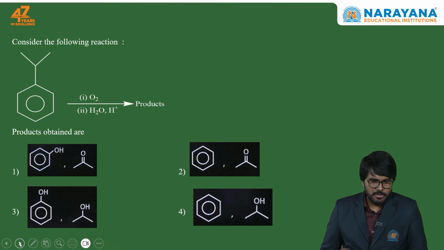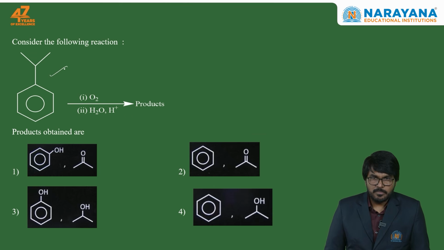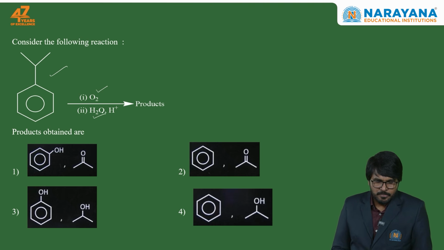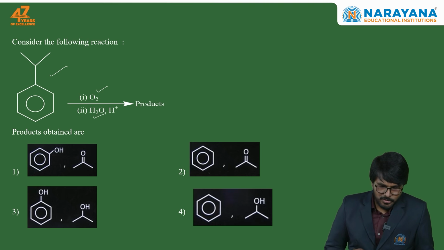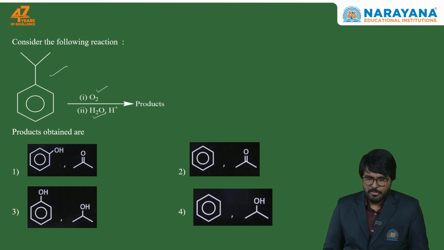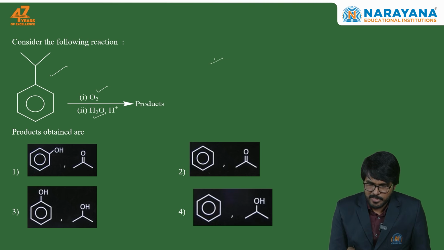And the next question, if you see, isopropyl benzene, also known as cumene, in presence of sunlight is treated with oxygen, later treated with acidulated water. If you can recollect, this particular reaction is used for the preparation of phenol and acetone. This is isopropyl benzene. On reaction with oxygen in presence of sunlight, it will give cumyl hydroperoxide.